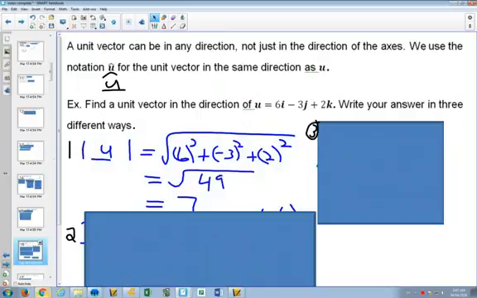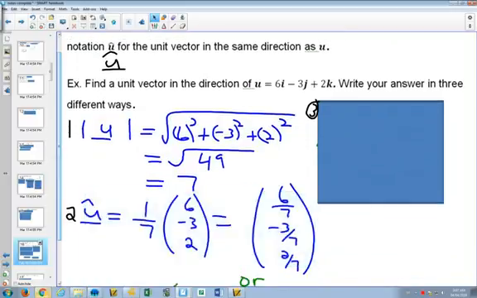So one way that we could write that, well, first of all, we figured out that its length is 7. One way that we could write it is just by writing the vector that we had to start with and put a 1/7 out in front. Because if this has a length of 7, by putting that 1/7 out in front, we would make it a length of 1.